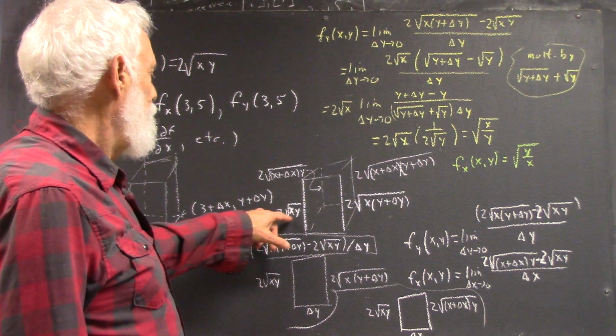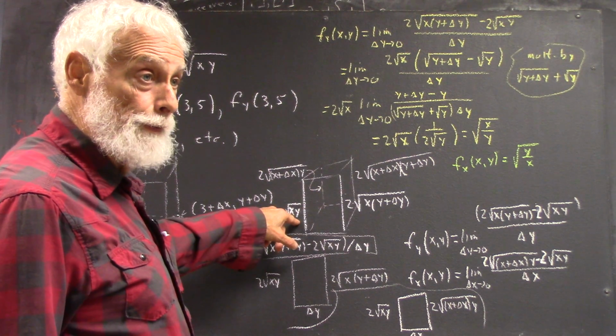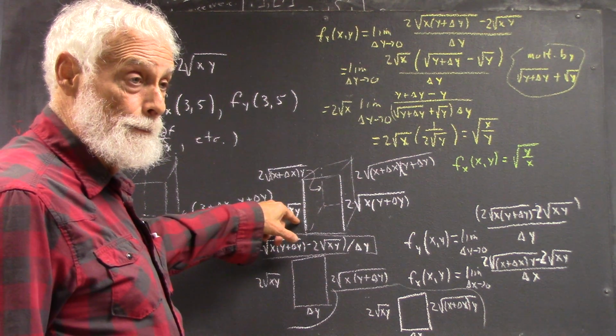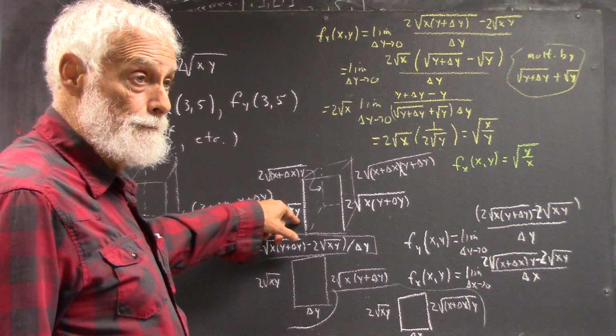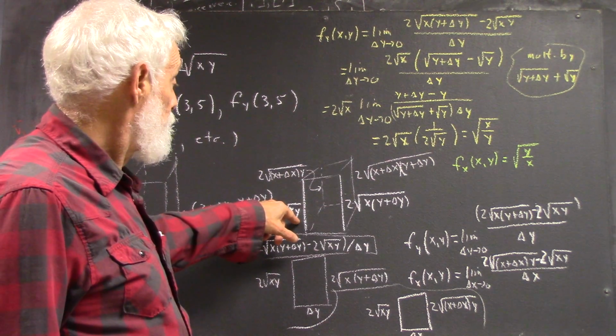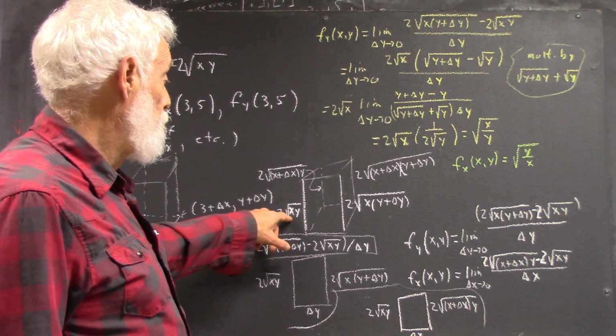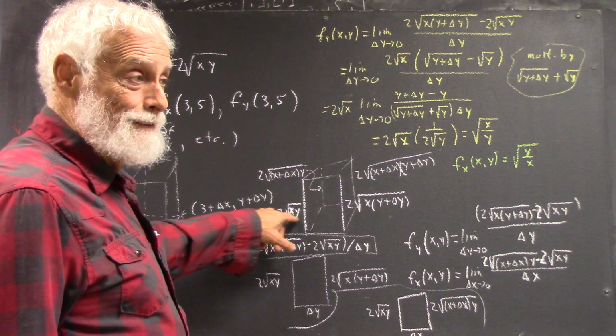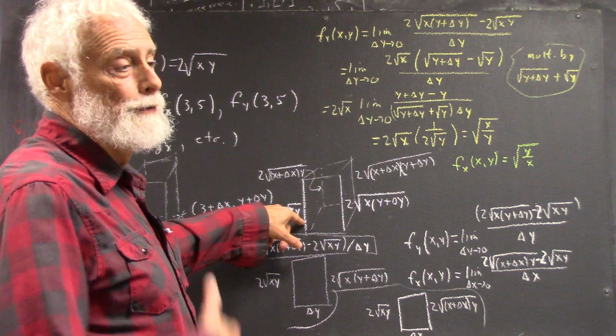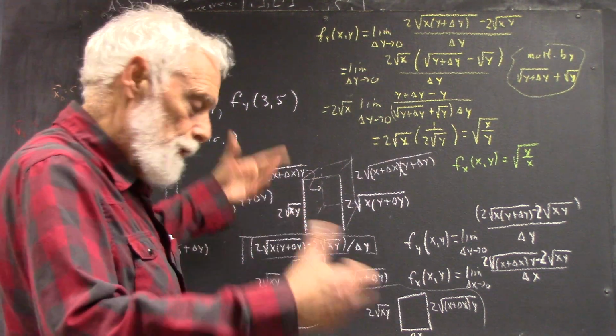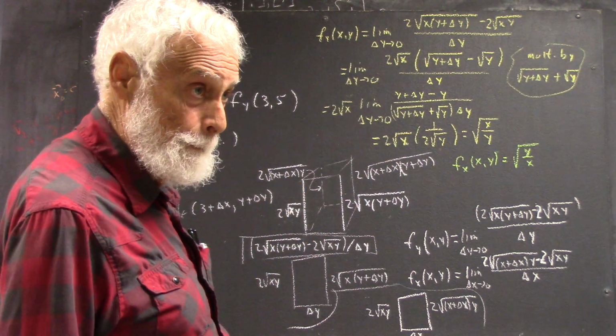If you treat x as a constant and take the derivative with respect to y, right? If you treat x as a constant, you get 2 square root of x times the square root of y, and you take the derivative of that with respect to y, you get 1 over 2 square root of y, and so forth, okay?